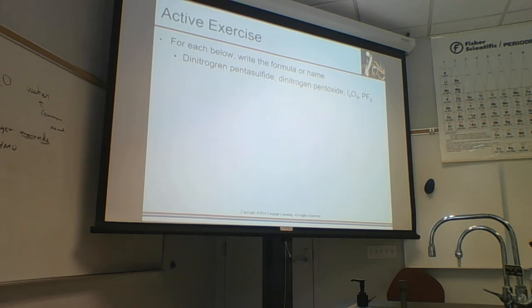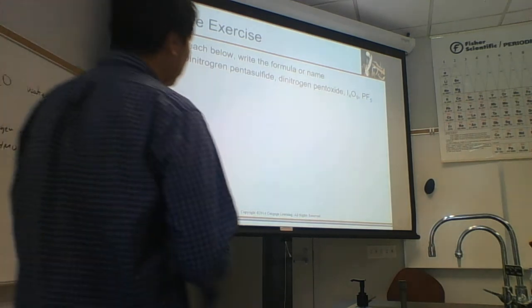And so let's try some of these here. Tell me what the formula is for dinitrogen pentasulfide. Dinitrogen pentasulfide. That would be N2S5. Good. Dinitrogen. Okay, this is a funny thing. What happened to the A?